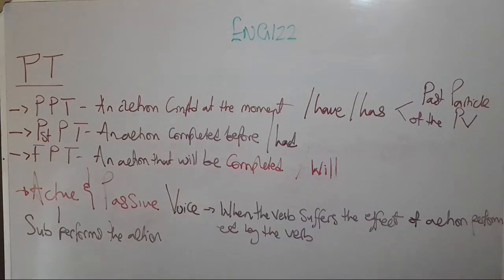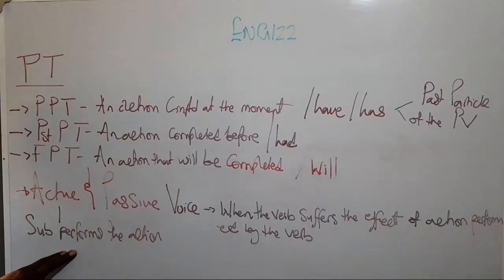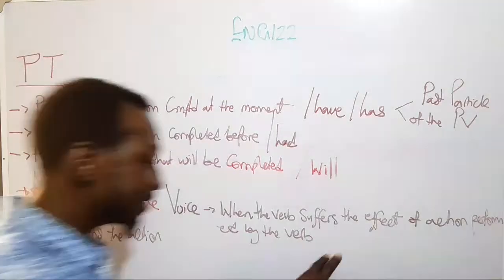Now let's take a very good example of this. The mechanic repaired the car. The mechanic performed the action, so he's the doer. The car was repaired by the mechanic. Now the car suffers the effect of repairing, which happens to be the receiver. So the mechanic is active while the car is passive.